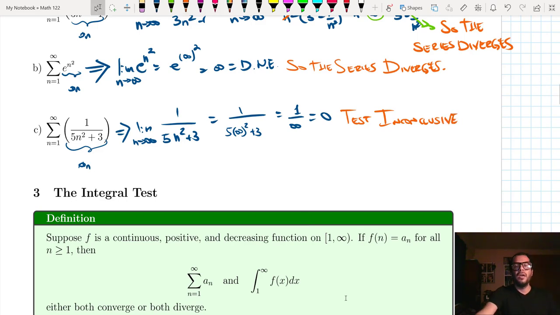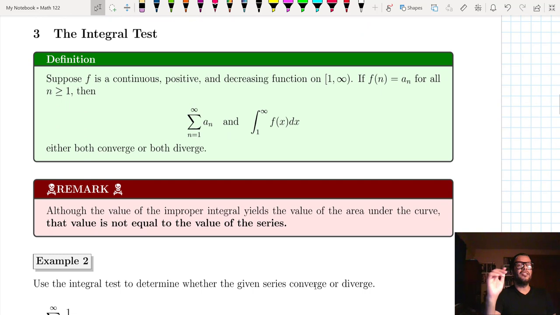Okay, we're gonna look at the second test, the integral test. Well, so let's suppose that we have a function with the two following conditions. Number one, continuous, positive, and decreasing on the interval 1 to infinity.